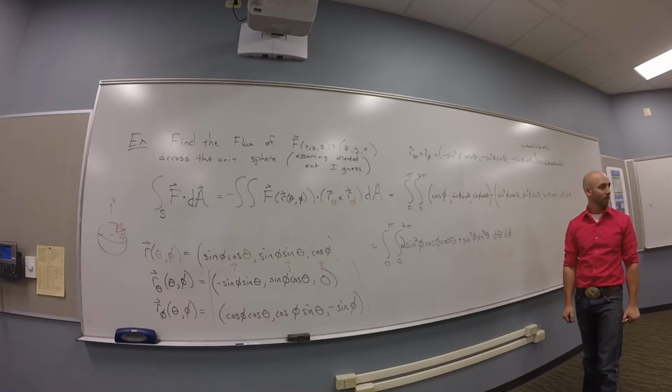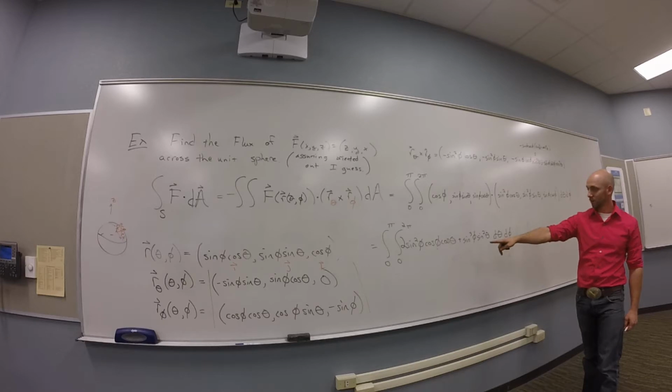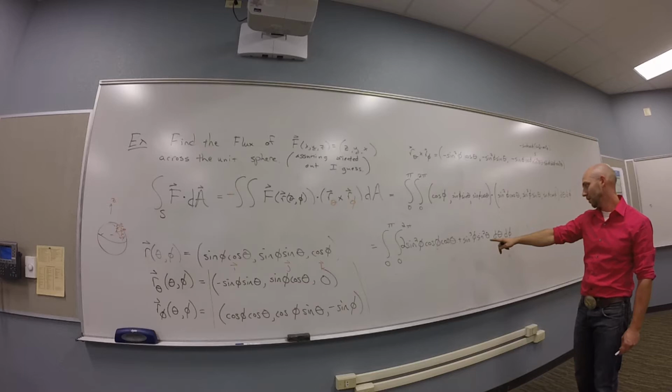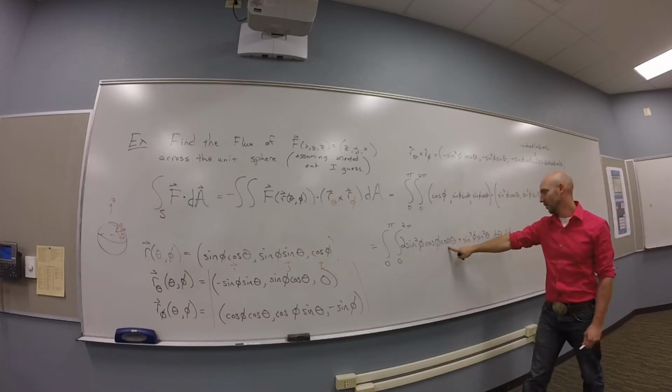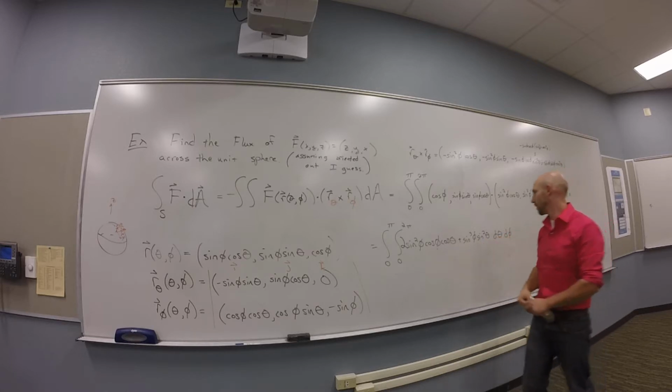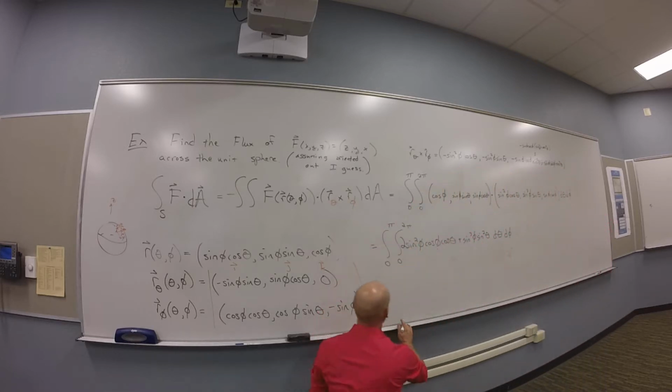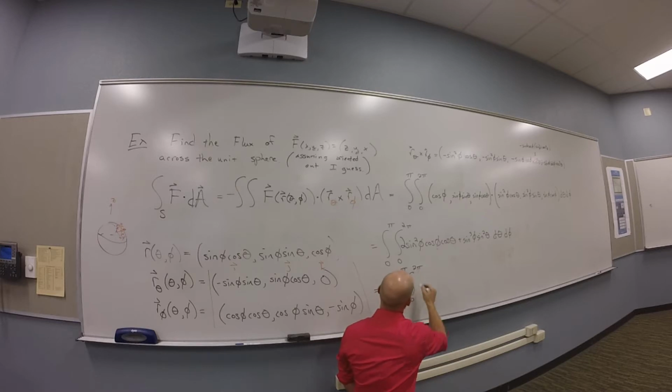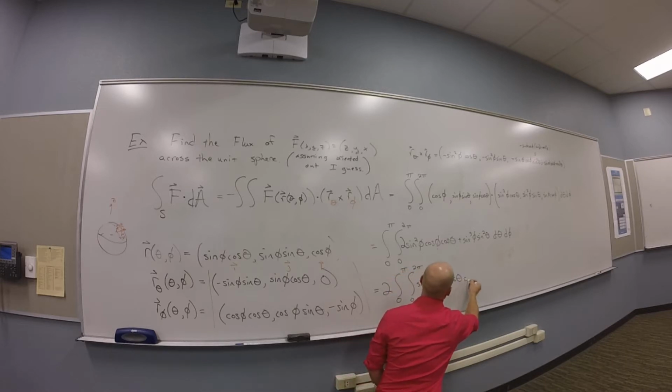If we split into 2, wouldn't the first one be 0? Because we have a cosine theta over 0 to 2 pi. That's a good observation. You guys see that? So if I split this into 2 pieces, I got 2 times the integral from 0 to pi, and the integral from 0 to 2 pi of sine squared phi cos theta d theta d phi, right?